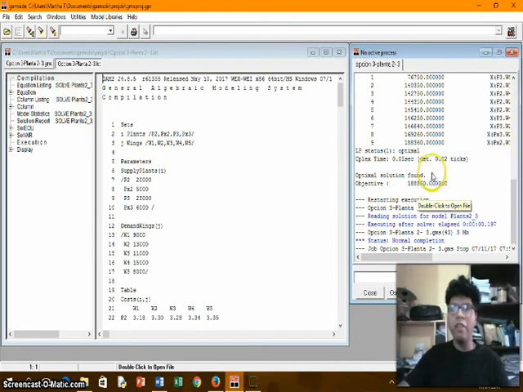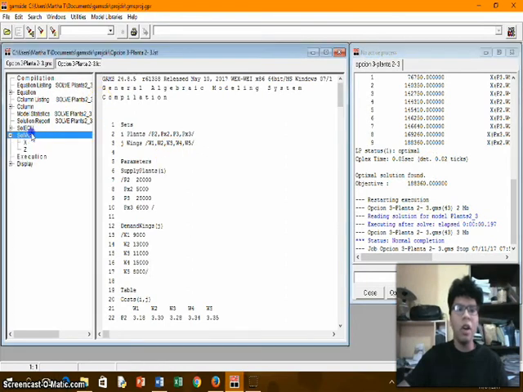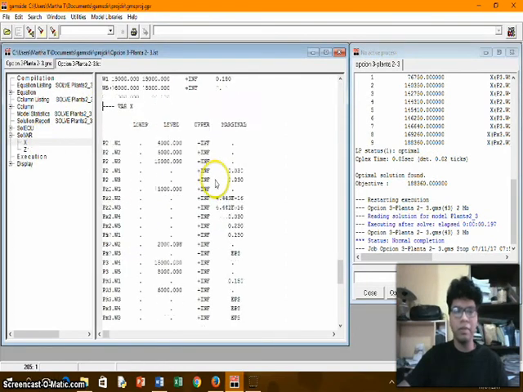The software gives us the minimum cost is this, and the solution of variables.